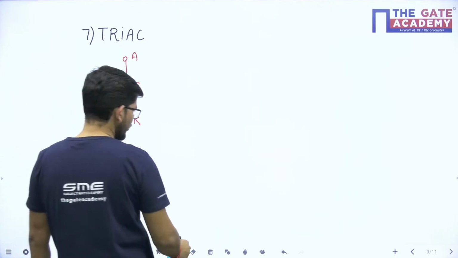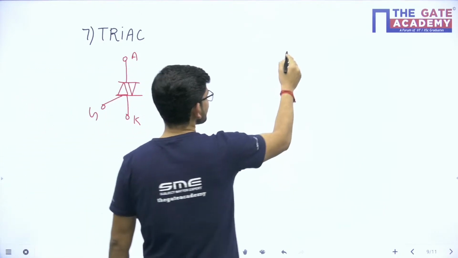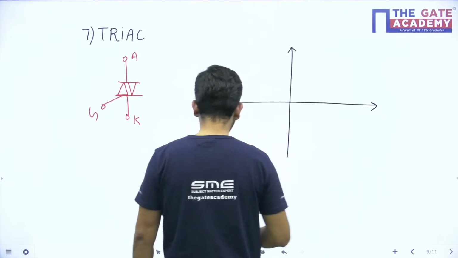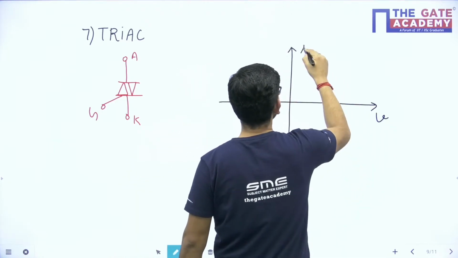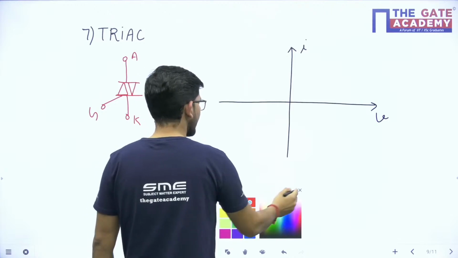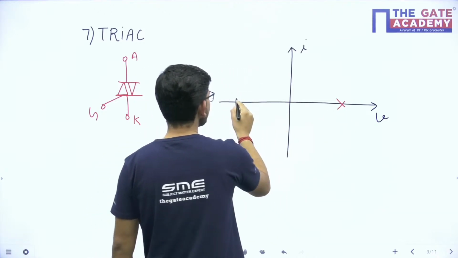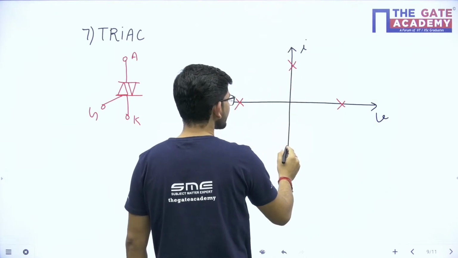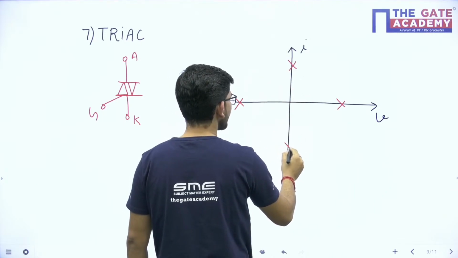If we draw the VI characteristic of it, in case of triac, it can block positive voltage, it can block negative voltage, it can carry current in forward direction, and it can carry current in reverse direction as well.